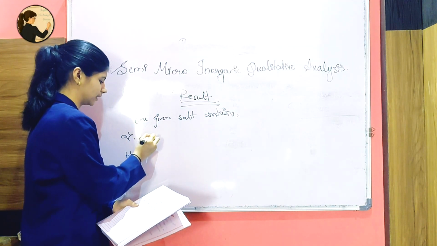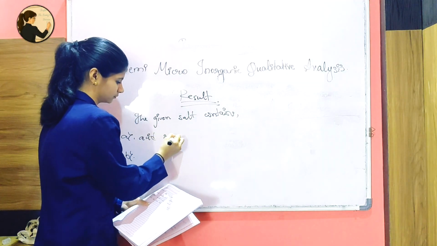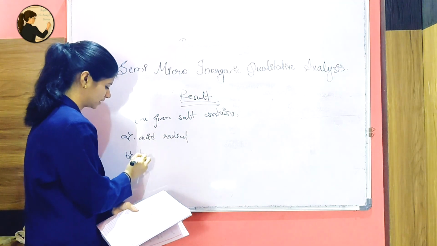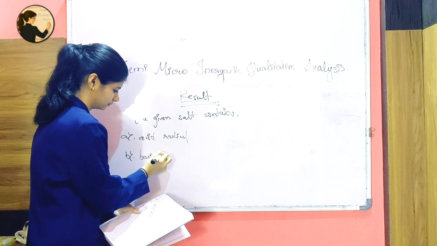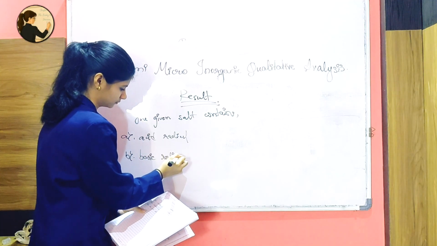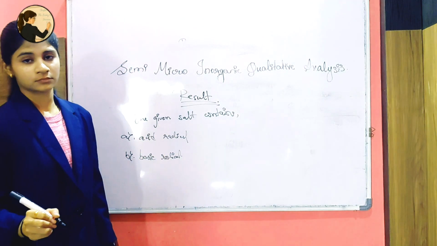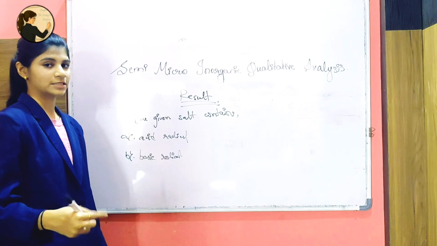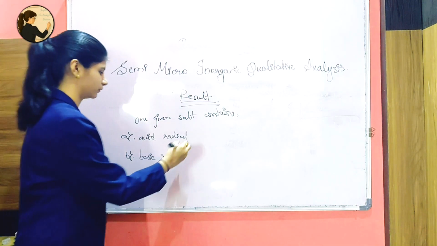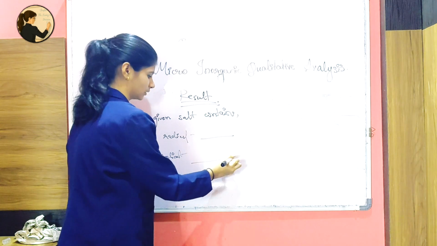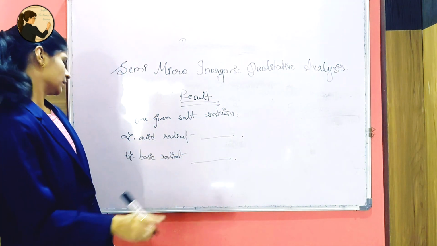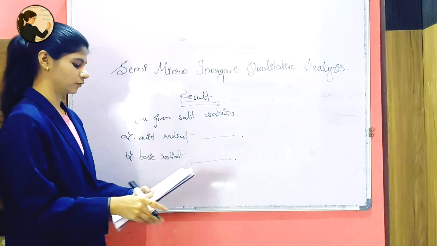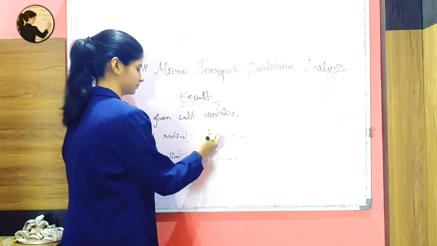Below that, you will write A and B: acid radical, then basic radical. The experiment we have done in the detection of acid radical and basic radical, we have to write here. After the confirmatory test, in acid radical we got Cl minus.